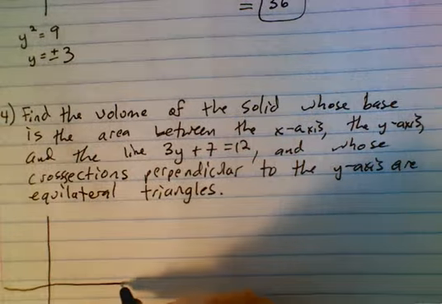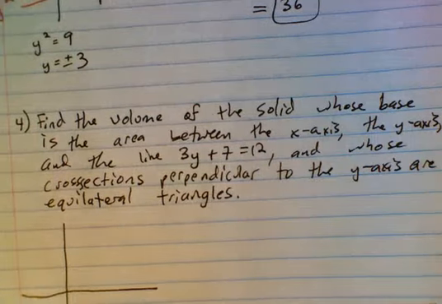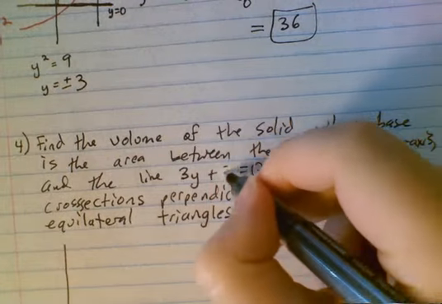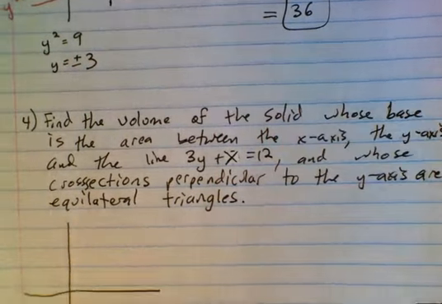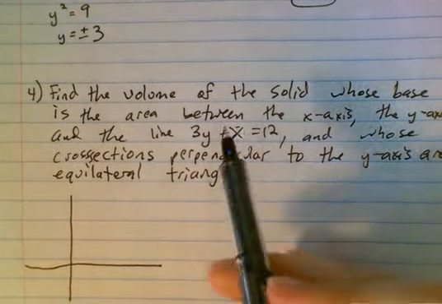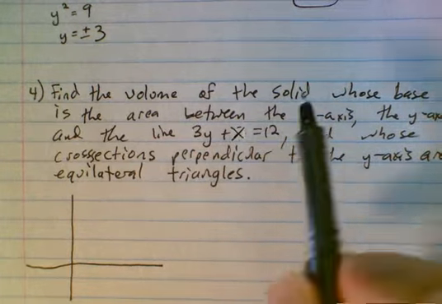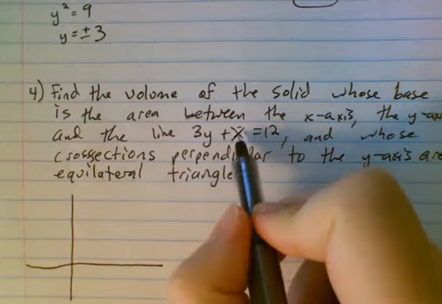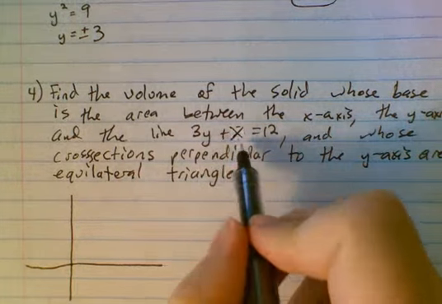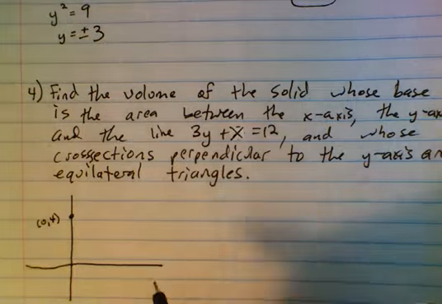So I've got the x-axis and the y-axis. This should be 3y plus x, not 3y plus 7. And if you're not quite sure how to draw that line, you can either get y by itself or get x by itself, or you can just say when x is 0, y is going to be 12 divided by 3, or 4, so I'm going to have the point 0, comma 4 up here.